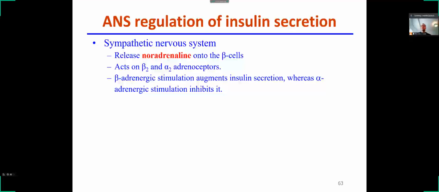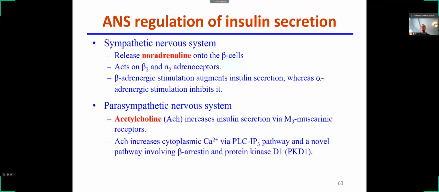In addition to the sympathetic nervous system, you also have parasympathetic nervous system inputs. This comes in the form of acetylcholine, which increases insulin secretion via M3 muscarinic receptors, and acetylcholine can increase calcium via the PLC IP3 pathway, and a novel pathway which is directly linked to a protein called beta-arrestin.